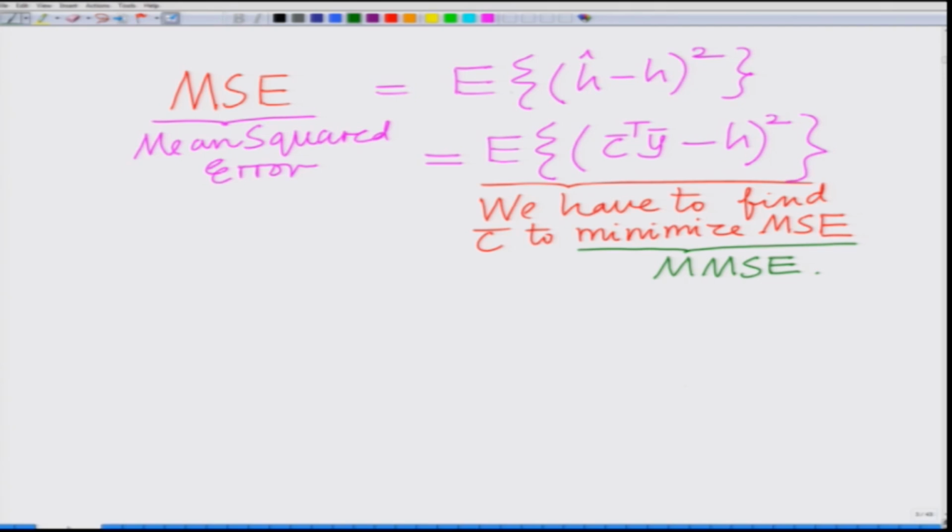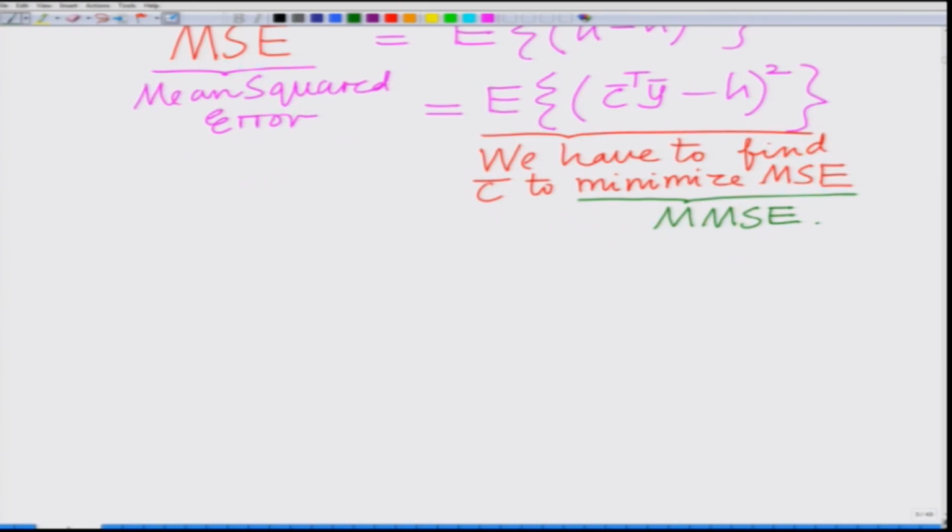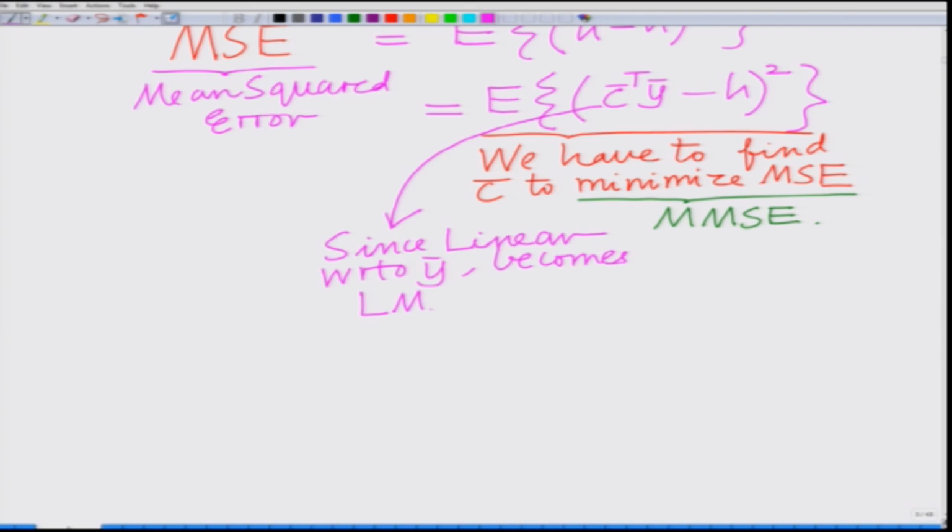Therefore, this is also the LMMSE estimator, that is, the linear minimum mean squared error estimate.